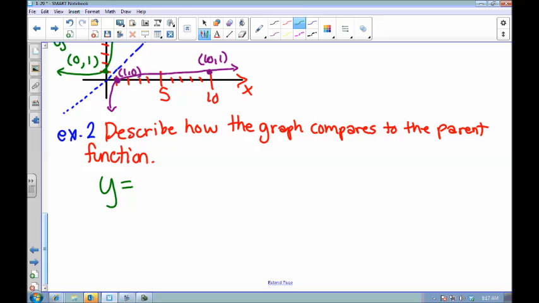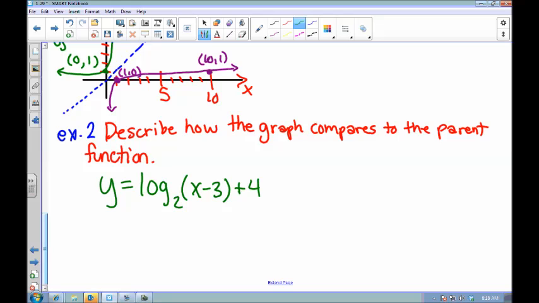Y equals log base 2 of x minus 3, plus 4. Raise your hand if you remember us talking about A, H, and K in class.